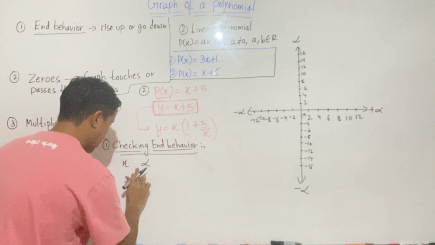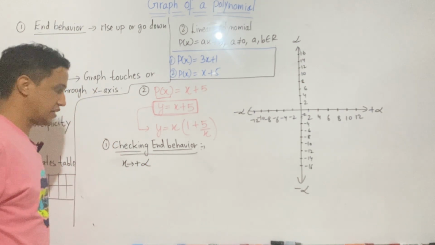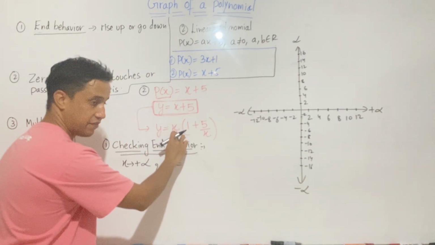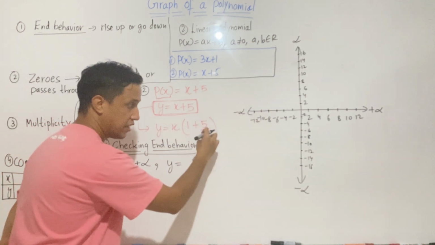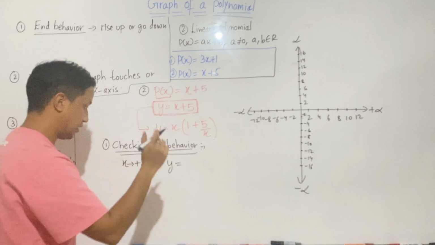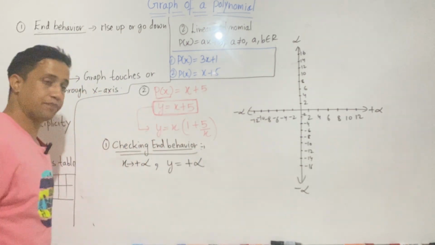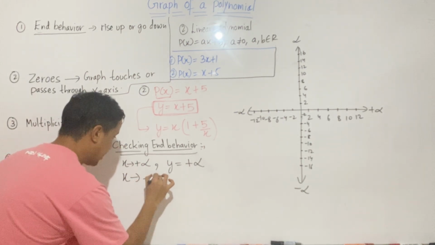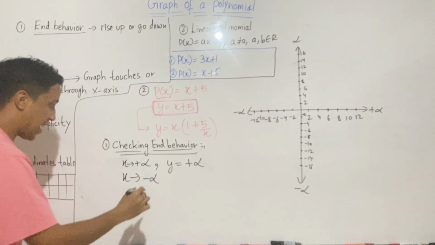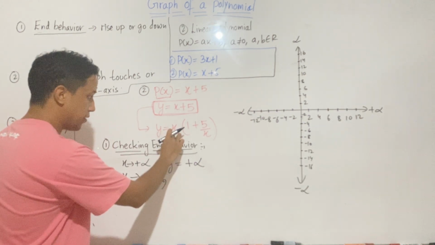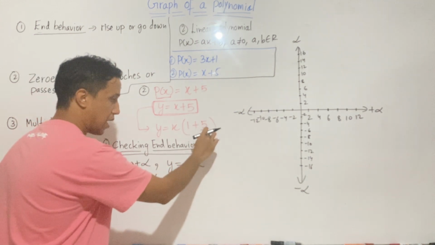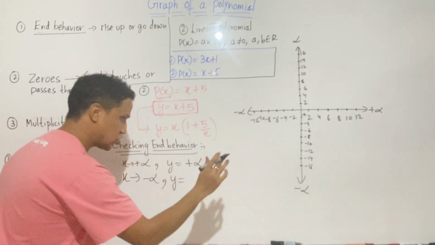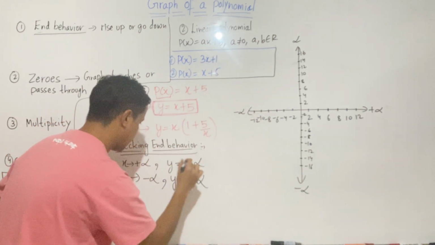If x is positive infinity, then y is going to be positive infinity, because here 5 by infinity is almost 0, so positive infinity, right? Then if x is minus infinity, 5 by minus infinity is almost 0, so I can say y will also tend towards minus infinity.